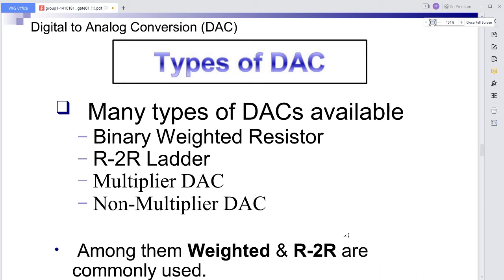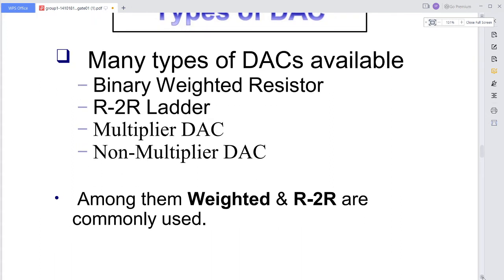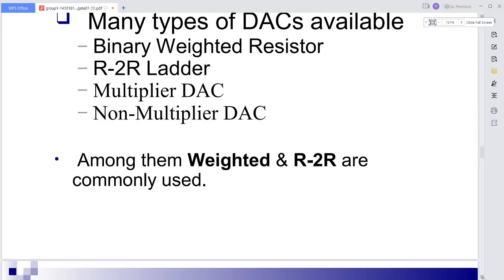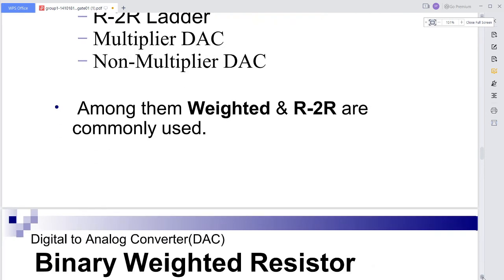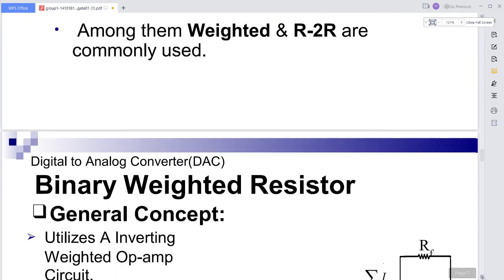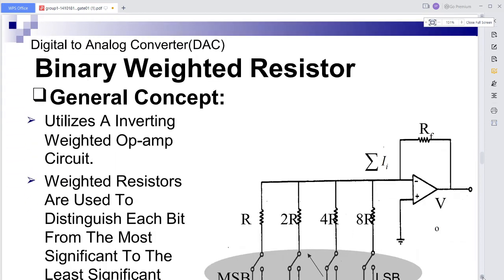We do not have the multiplier and non-multiplier digital to analog converters. Among all of them, we can make effective use of the weighted resistor and R-2R digital to analog converters, which are very commonly used in the conversion of digital data into analog form.